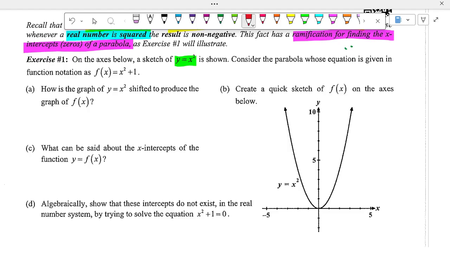Every quadratic's a parabola, but y equals x squared is a very special quadratic. It's known as the what function of quadratics? Starts with a P, ends with a T. Parent. It's known as the parent function of a quadratic. Does anyone remember what that means?